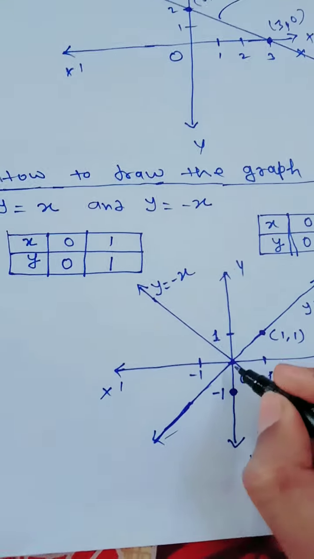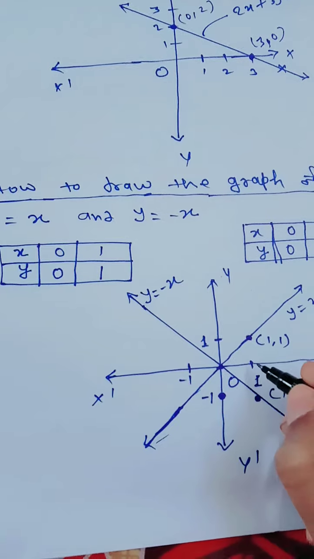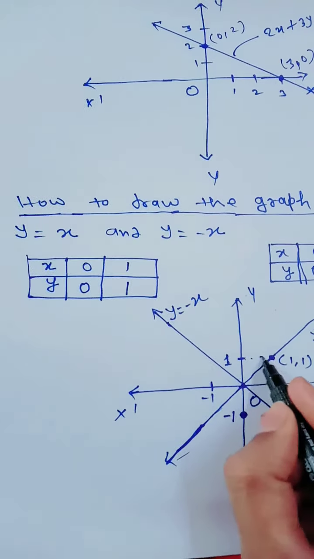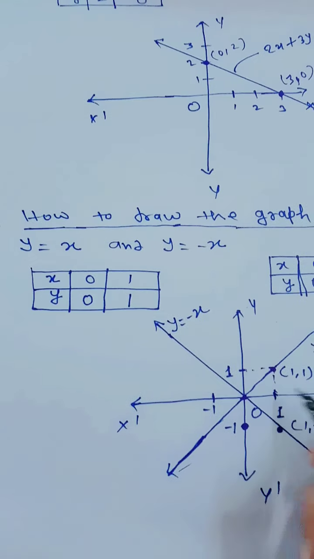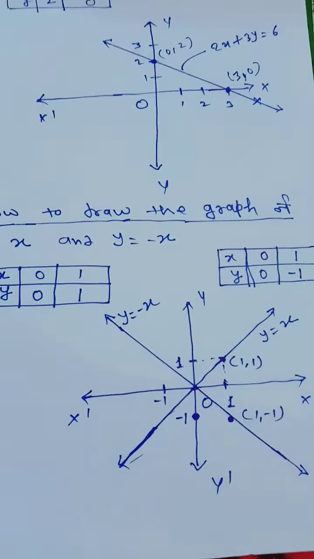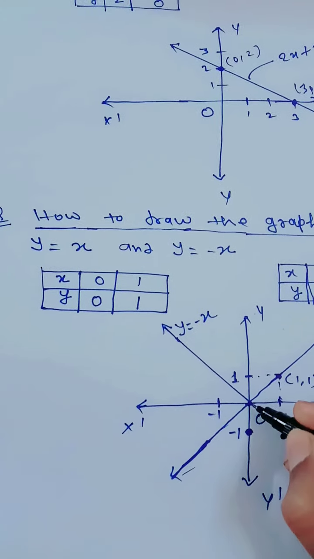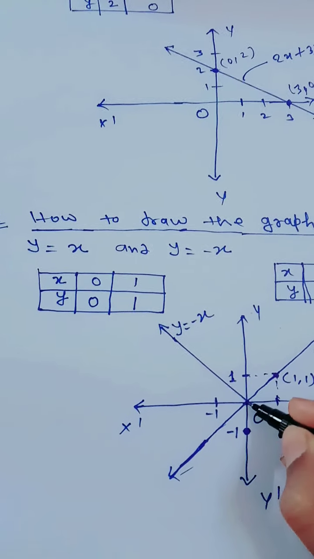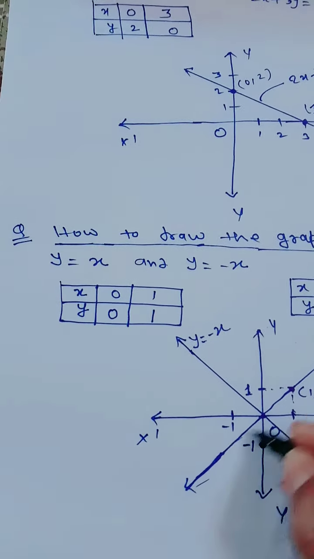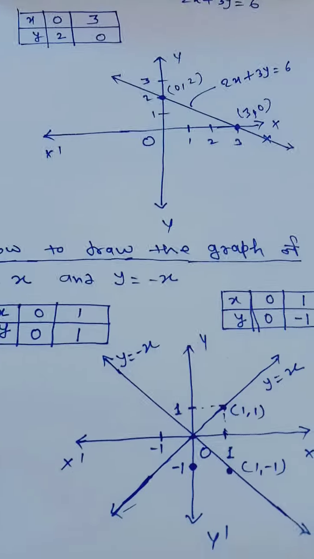So we will locate these 2 points on the plane. (0, 0) will be where? On the origin. And (1, 1) is here. So we will join these 2 points, (0, 0) and (1, 1), and we can easily get the graph of y equal to x.